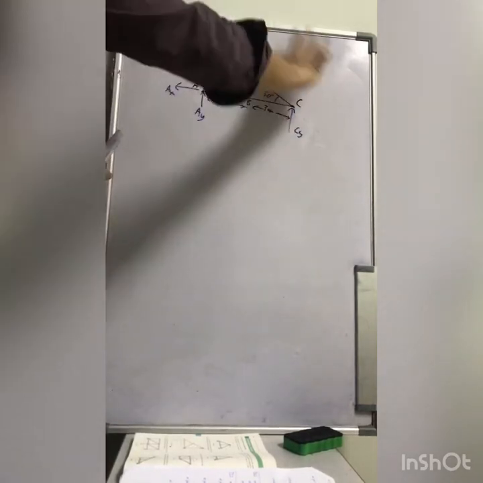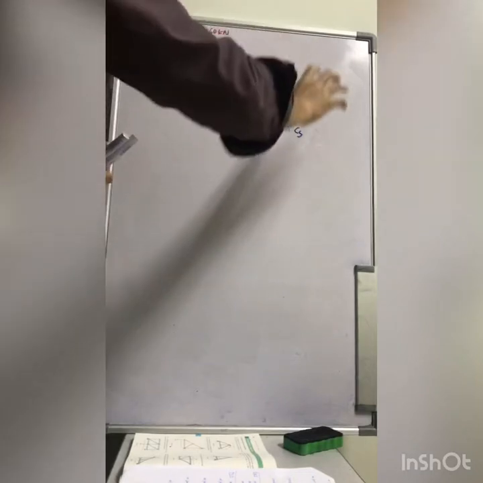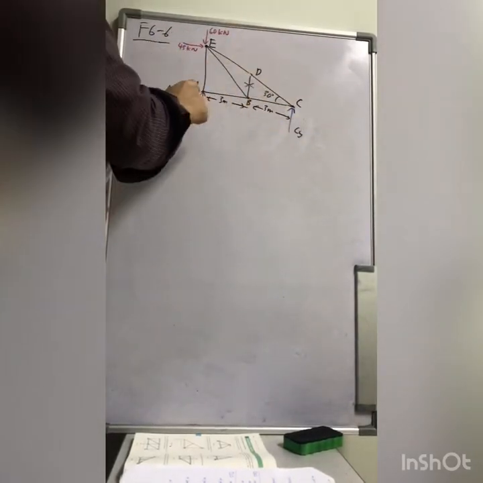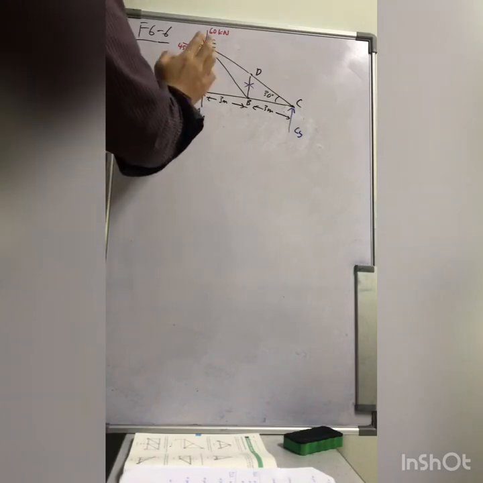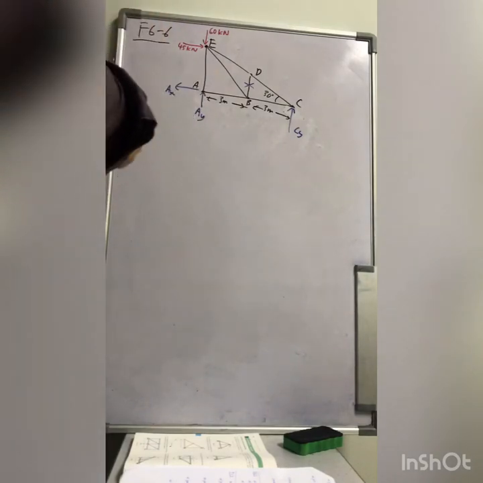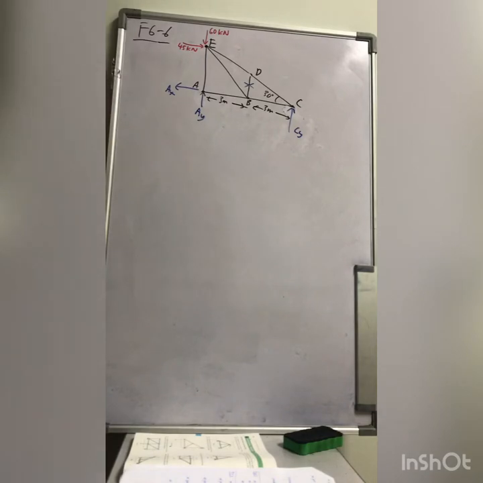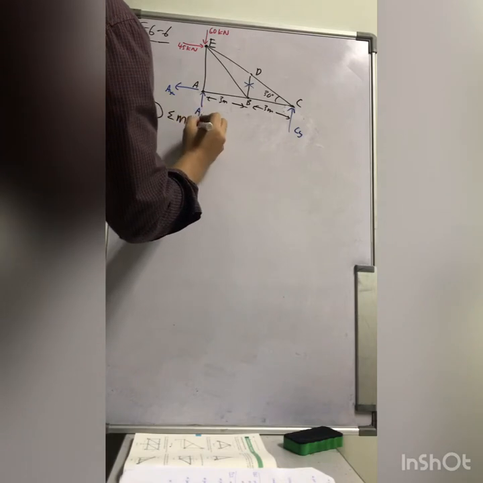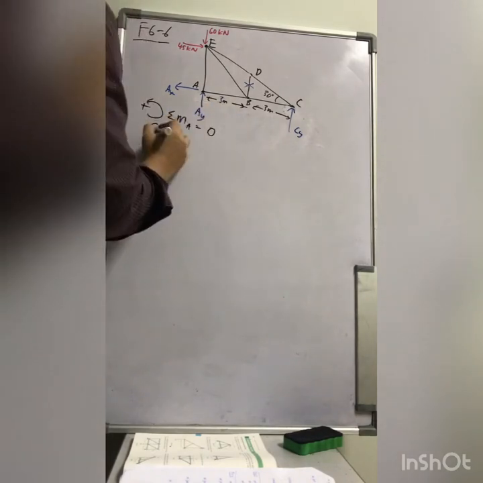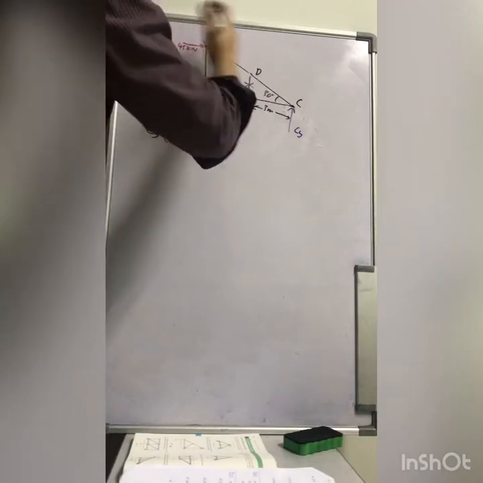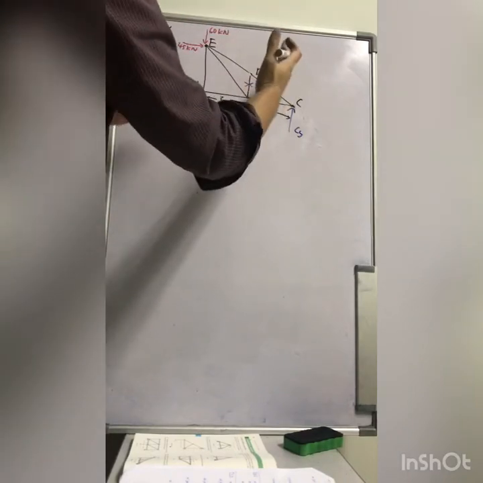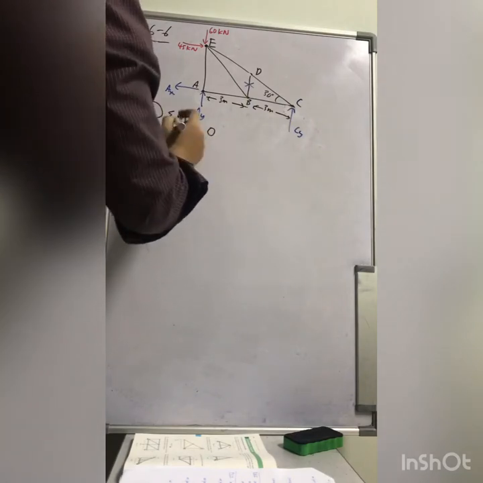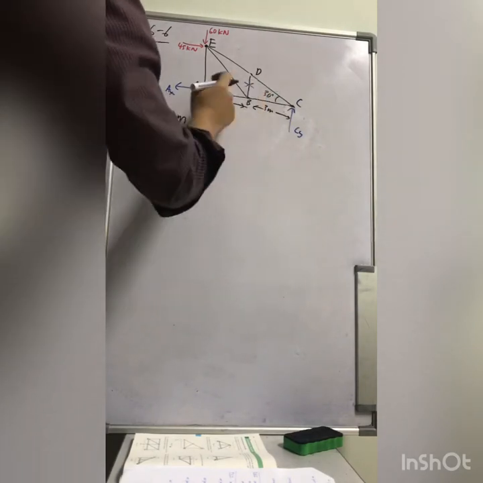To find Cy, draw the free body diagram of the whole truss system. The best way is to take moment about point A, so that you can eliminate Ax and Ay in the equation. Assuming counterclockwise as positive, you have Cy times its arm, which is 3 plus 3, so 6.